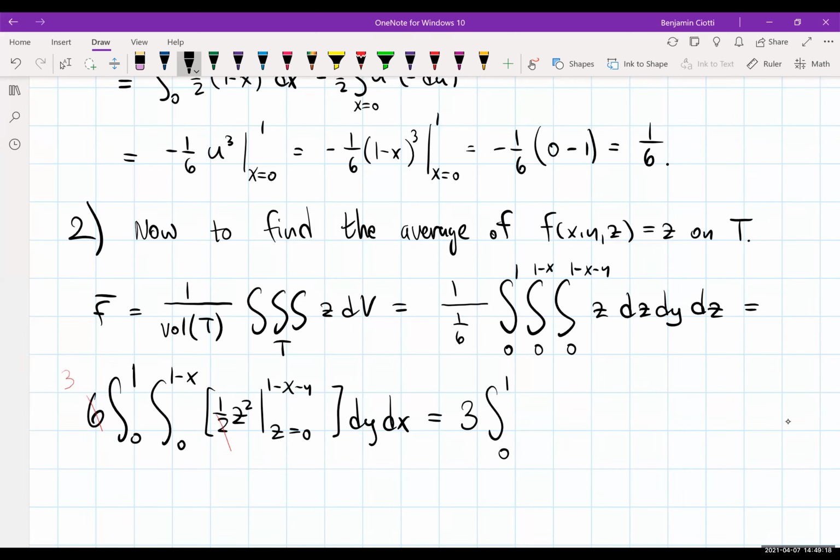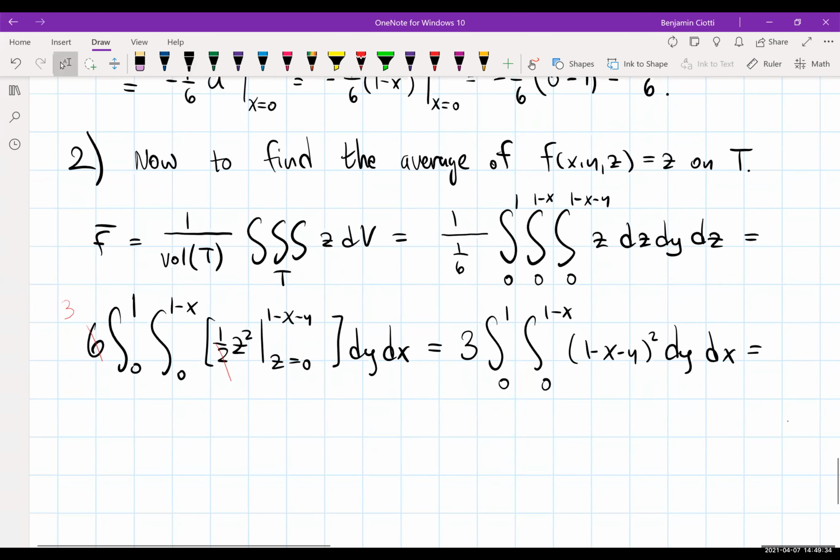So we're coming up on seeing who guessed correctly for this problem. Let's see, integral of 1 minus x minus y squared. You can do this integral with another u sub, by the way. I think that'll make it easier. Since we're integrating dy, the 1 minus x part is like a constant.